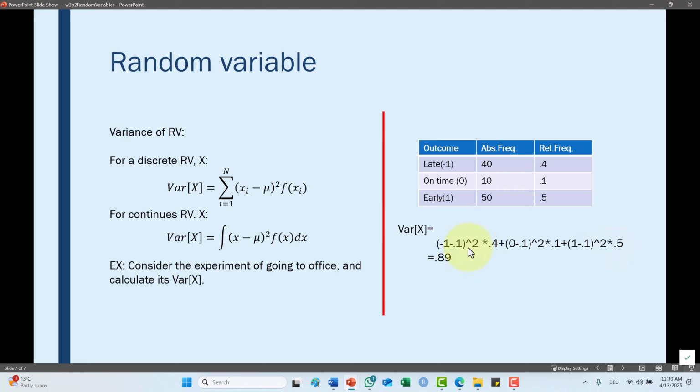If you do this calculation, you get 0.89, which is the variance of our random variable x. We can also calculate the standard deviation of our random variable by taking the square root of this variance. And that's valid also for the continuous case, where you first calculate the variance and then take the square root and you get the standard deviation.